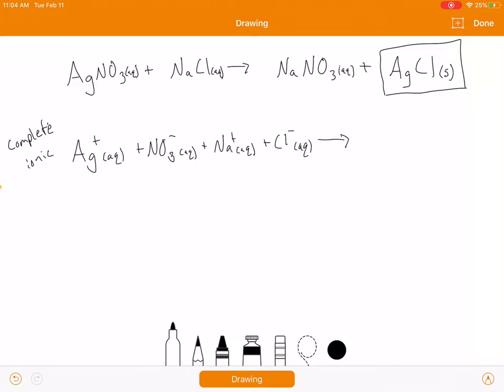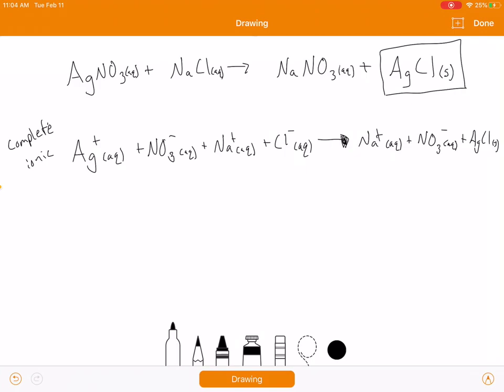Then, on the other side of the equation, you have sodium and nitrate. And then your silver chloride, which stays together because it's the precipitate. And that's an S, I'm sorry. It really doesn't look like one. So that's your complete ionic equation. Everything that can be split apart is split apart.